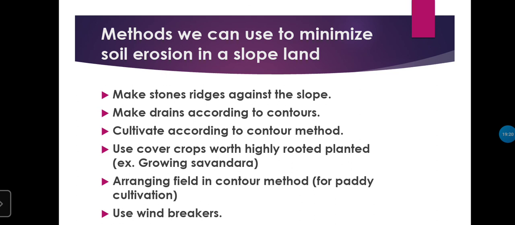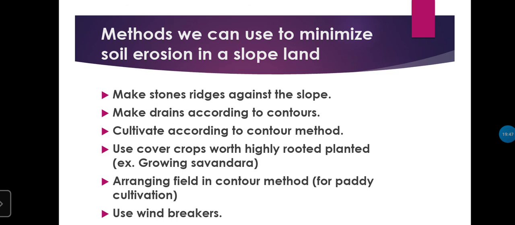What are the methods we can use to minimize soil erosion in a slope land? Make stone ridges against the slope. Make drains according to the contours. Cultivate according to the contour method. Use cover crops with highly rooted plants. For example, growing savandara, a plant that has high roots.